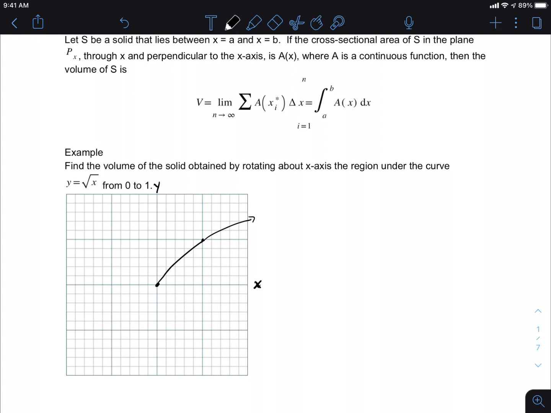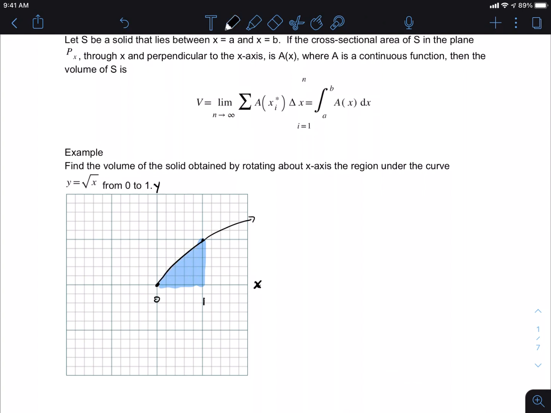I'm going to find the area from 0 to 1, right? So the area from 0 to 1 is simply going to be this region right here, right?